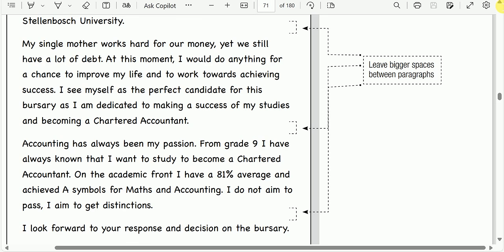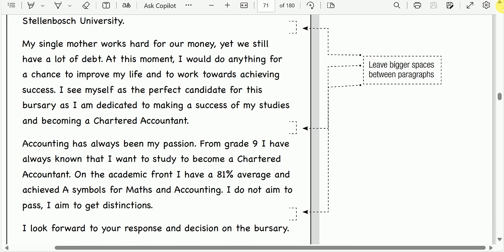Now, it goes further to say accounting has always been my passion. From grade 9, I have always known that I want to study to become a chartered accountant. Now, that's when you can introduce one or two logical connectors here, to say additionally, or furthermore, on the academic front, I have an 81% average and achieved a symbol of maths and accounting.